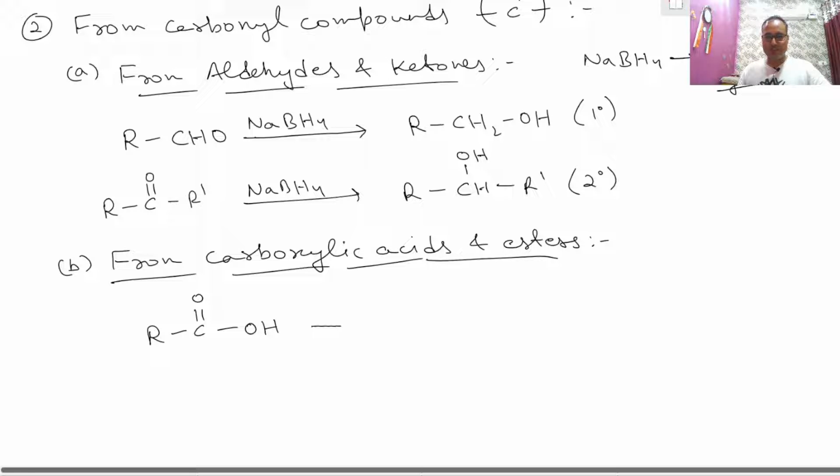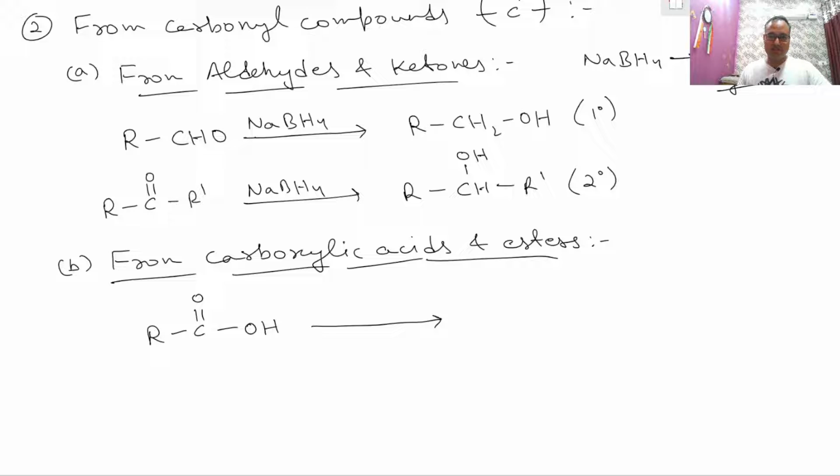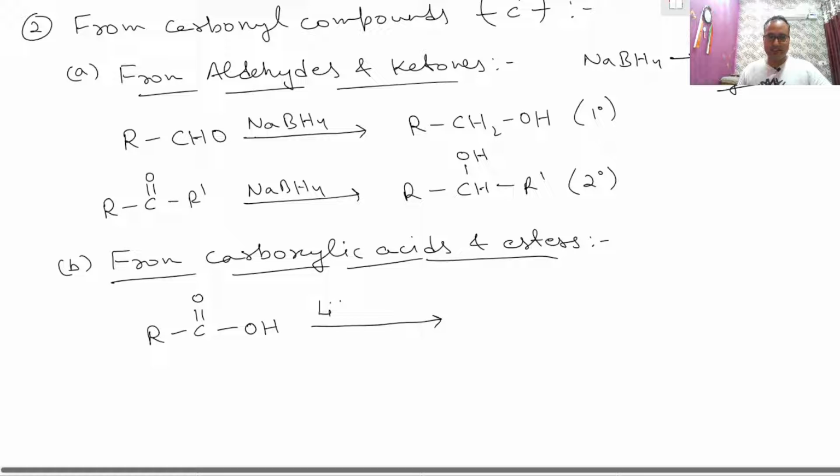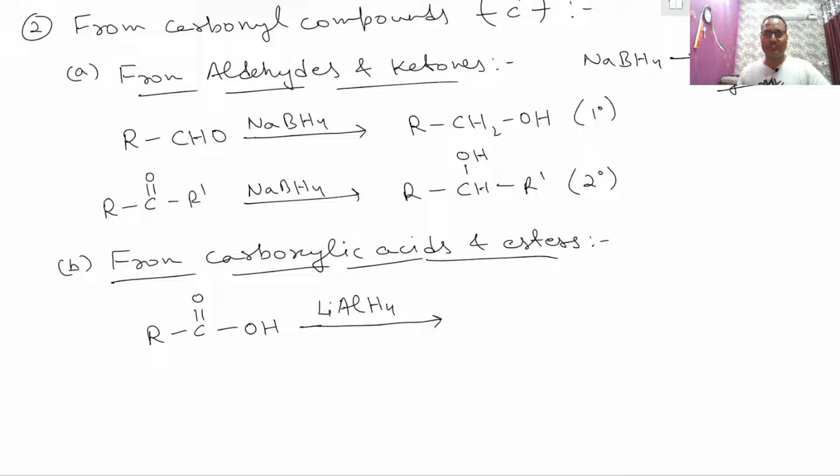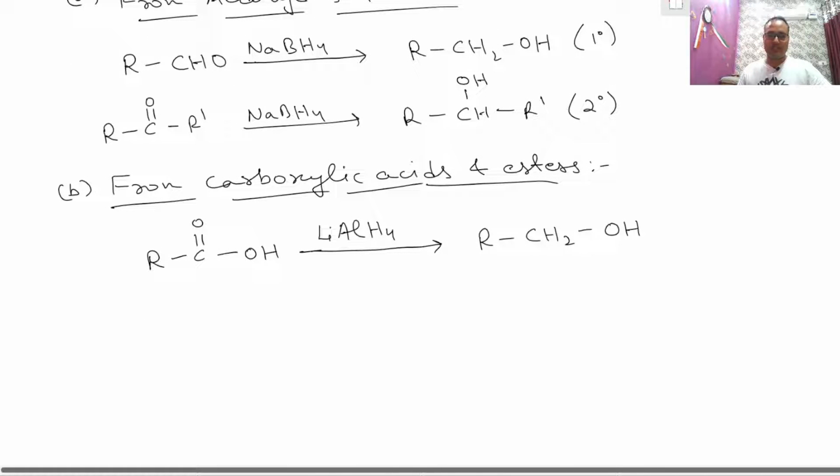In order to reduce the carboxylic acid, we will be requiring a strong reducing agent like lithium aluminum hydride. We can't use sodium borohydride in this case, that is a weak reducing agent that can only reduce aldehyde and ketones. So we will be requiring lithium aluminum hydride in order to reduce carboxylic acid, and the resultant product we will be getting is an alcohol, that is a primary alcohol.